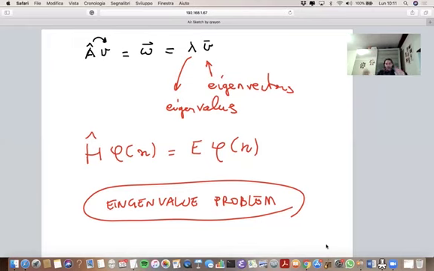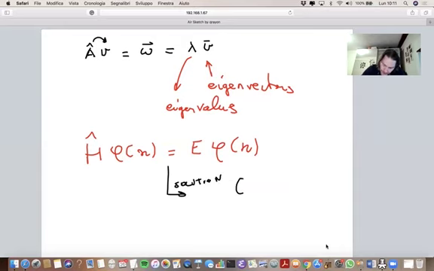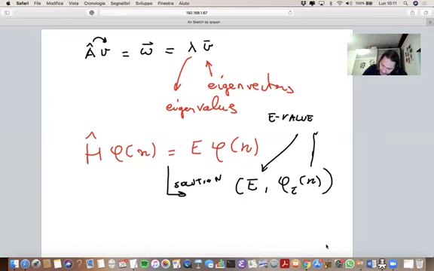So basically, this equation will not give me as a solution just a single phi, but the solution of this equation will be pairs E and phi_E of x: eigenvalue and eigenfunction.